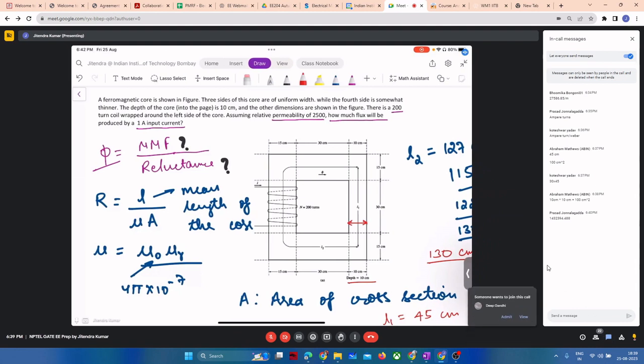Should both reluctances be connected in series or parallel?